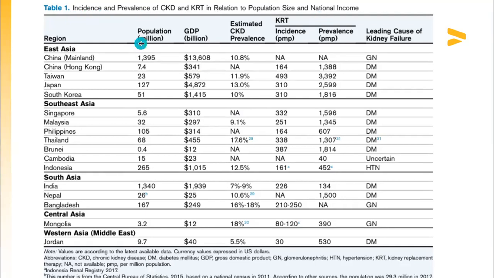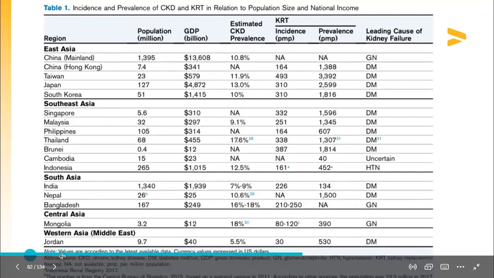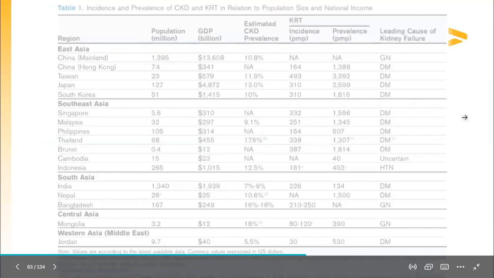And then your columns are labeled, have subheads here, and your rows also have labels. Okay, and the footnotes are placed at the bottom. Right, so this is a good table.